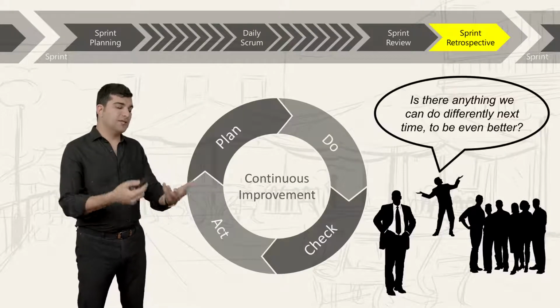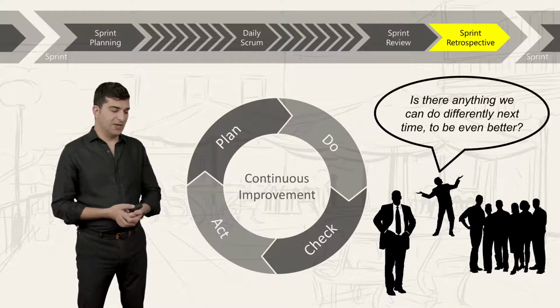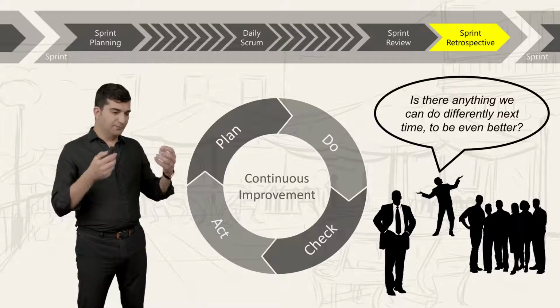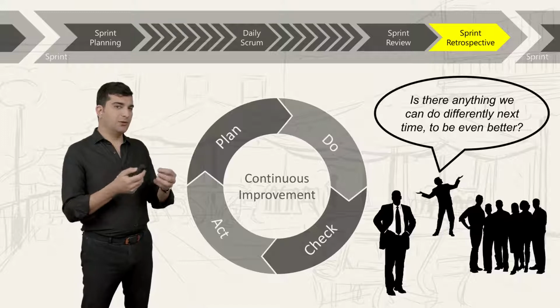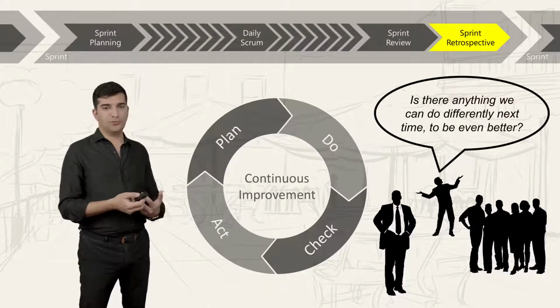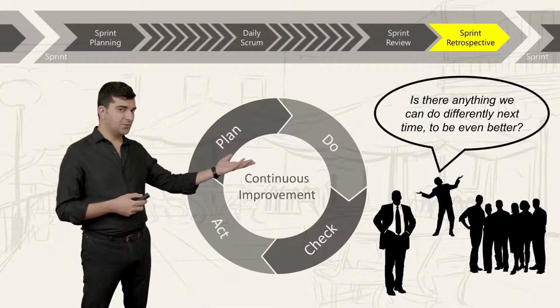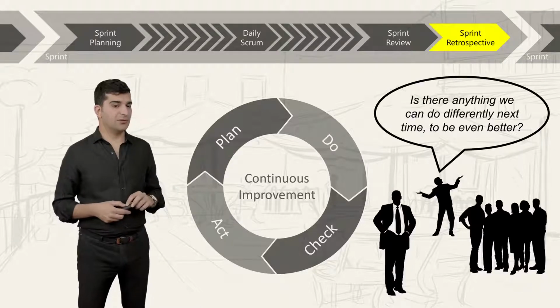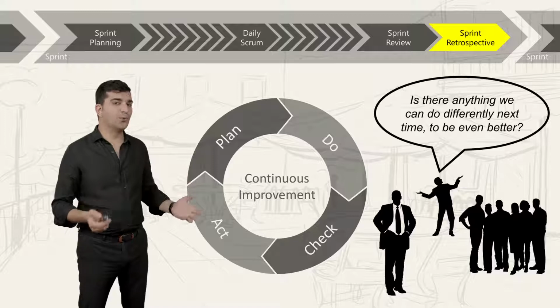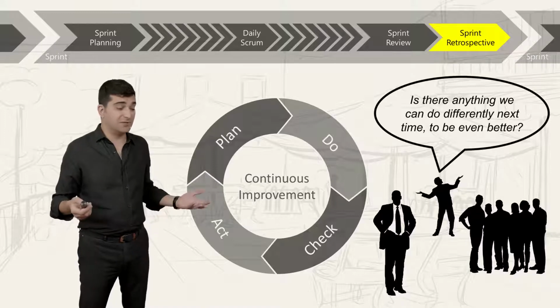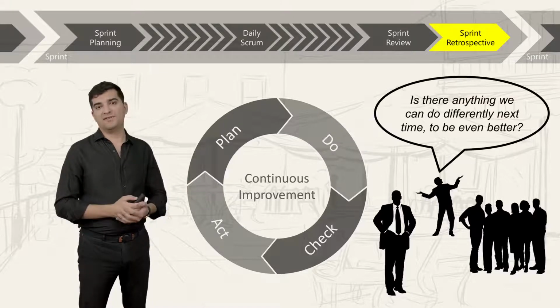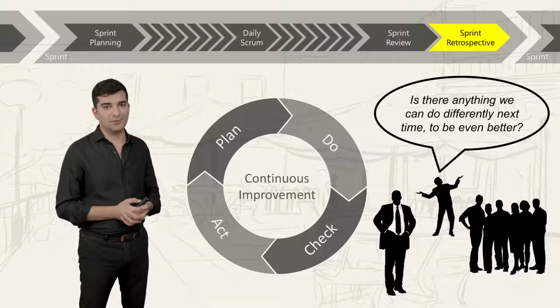That's about continuous improvement. We think together and try to find one or a few improvements that are realistic and we can do in the next sprint to get a better result. And we all know that there's always room for improvement. So we can never say that, oh, we are perfect, there's nothing more we can do.